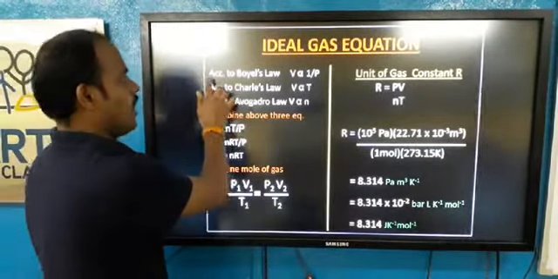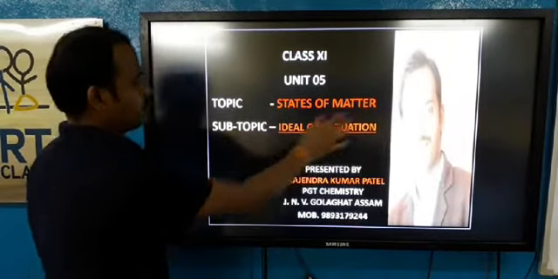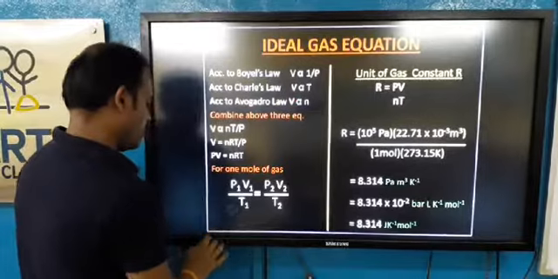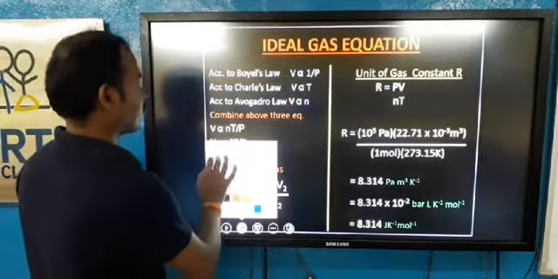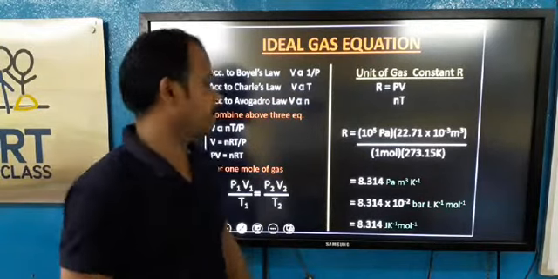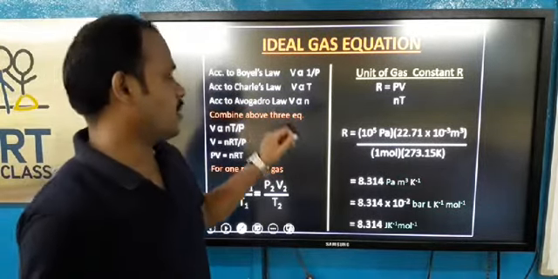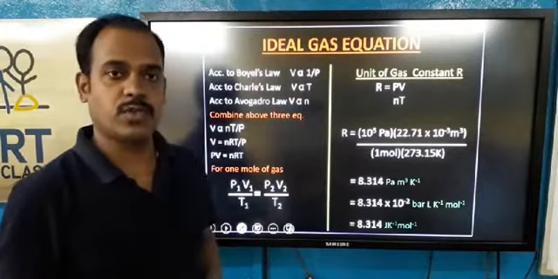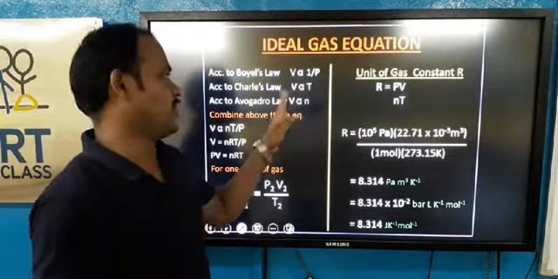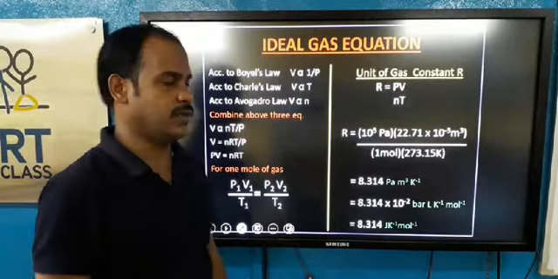According to Boyle's law, volume is inversely proportional to pressure. According to Charles's law, volume is directly proportional to temperature, and according to Avogadro's law, volume is directly proportional to the number of moles.